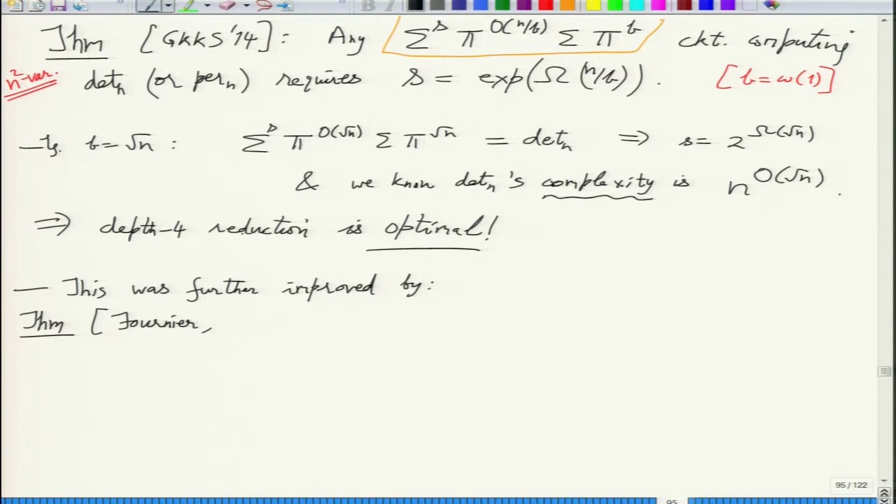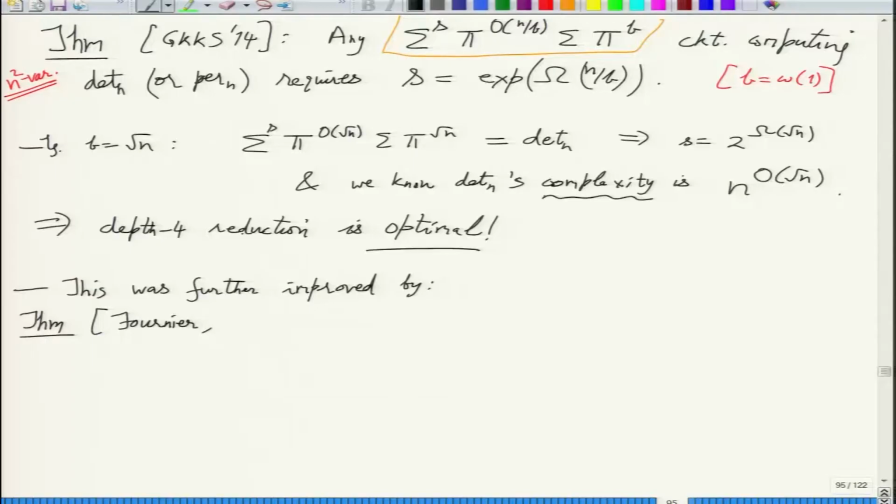So instead of determinant, they used something else, which is basically iterated matrix multiplication. Determinant is also in VP, right? It's a VP polynomial. So what this result is showing is that a VP polynomial which is hard for this model, right? So this is still away from the original goal of VP versus VNP.